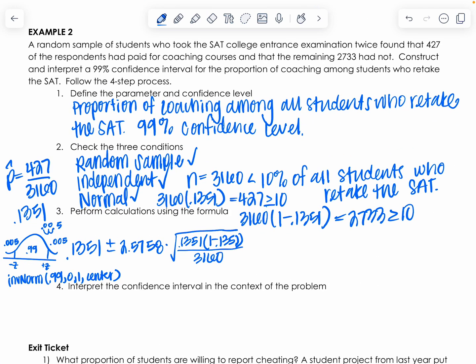Okay, so now I'm going to find that standard deviation, 0.1351 times 1 minus 0.1351 over 3,160 is 0.00608, so I might bump that up. So 0.1351 plus or minus 2.5. We're just going to shorten that critical value to 2.58 times 0.0061.